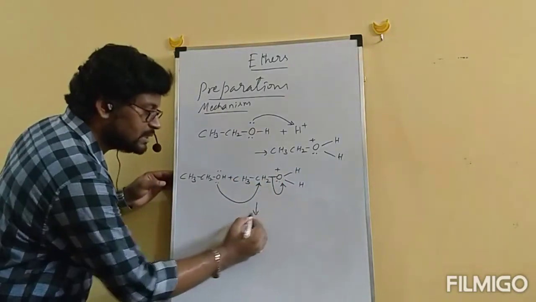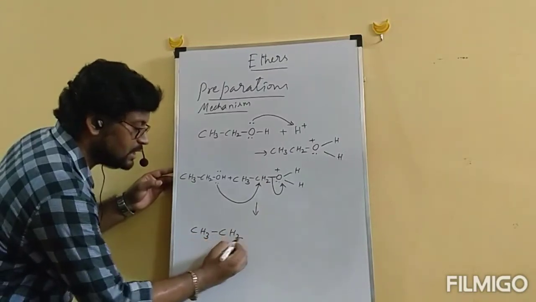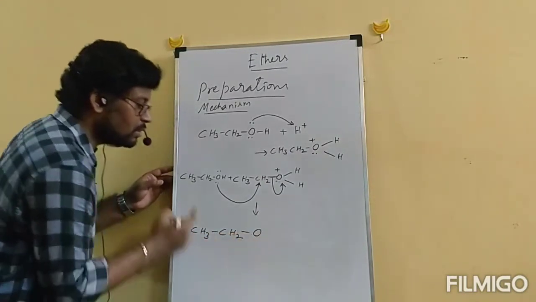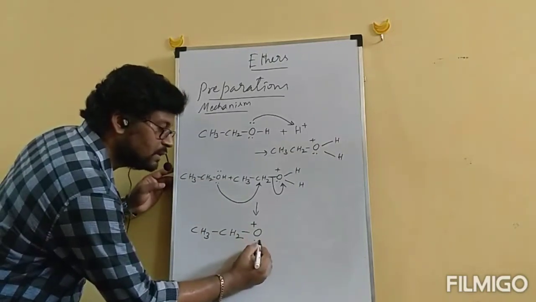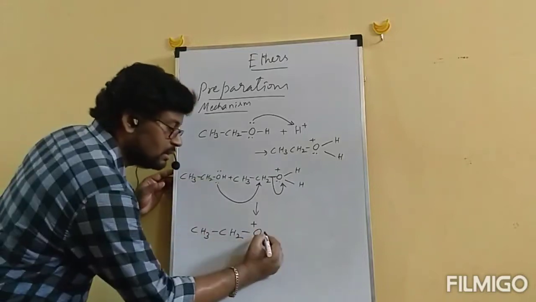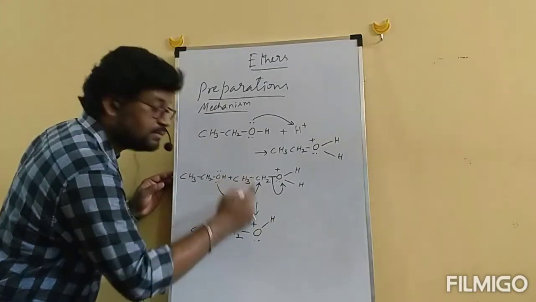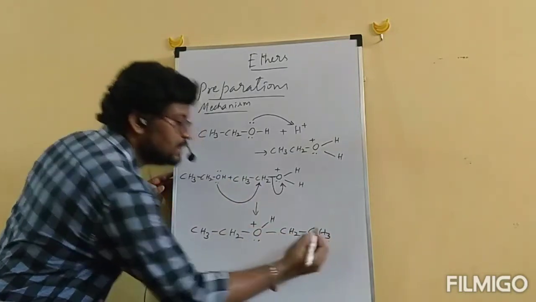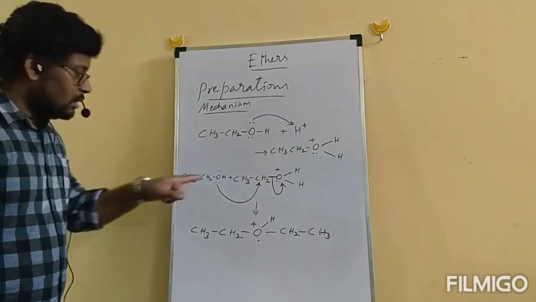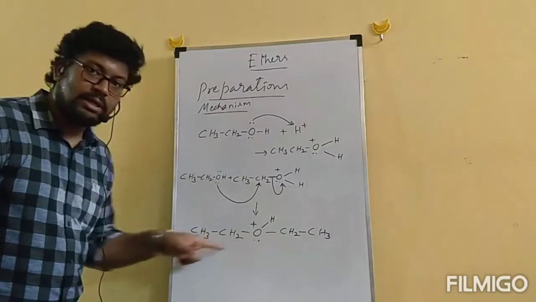So this is resulted as CH3CH2O. After donation of this lone pair, this oxygen will get positive with one lone pair already present. H is there. Now this oxygen is going to form bond with this carbon, continuation CH2CH3. This oxygen is going to form bond with this carbon, in which we will get this compound totally.